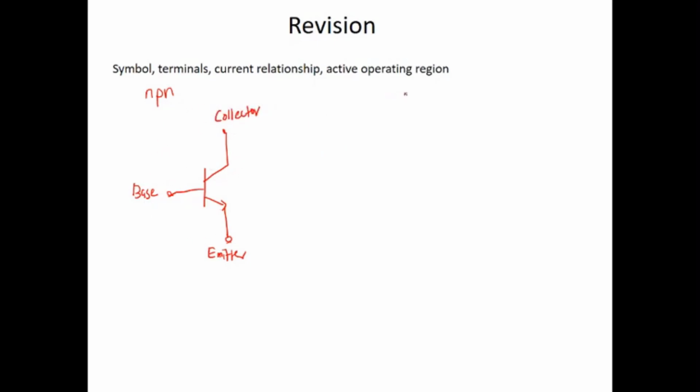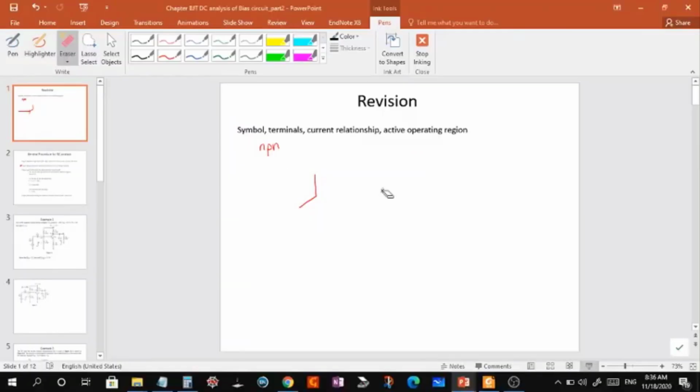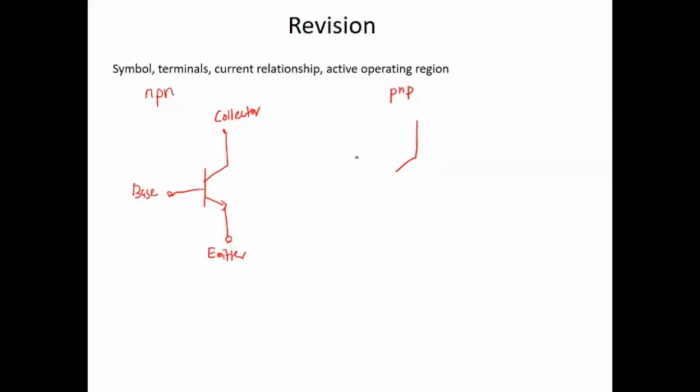If we have the PNP, what is the symbol? The symbol is almost the same as the NPN, but the difference is the arrow direction.